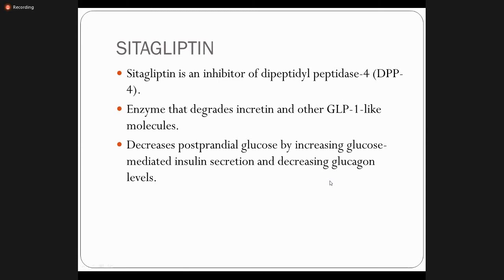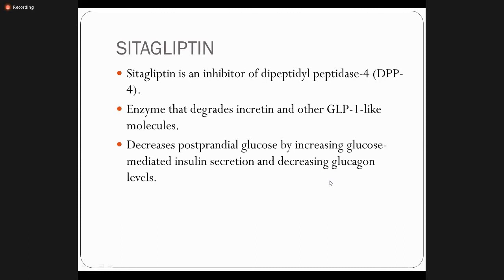And a very interesting point is that sitagliptin is used as a single drug or in a combination formula. Like sitagliptin can be given with metformin, or with sulfonylureas, right? So what is this sitagliptin? Basically, sitagliptin is an inhibitor of the dipeptidyl peptidase 4 enzyme.